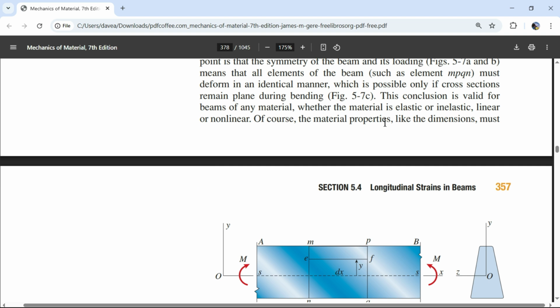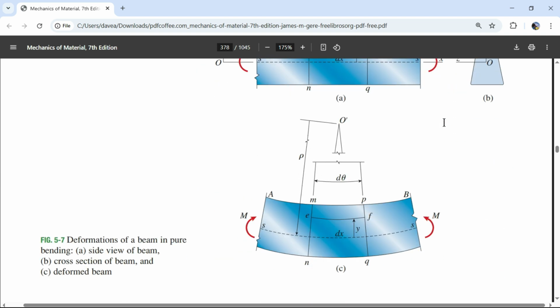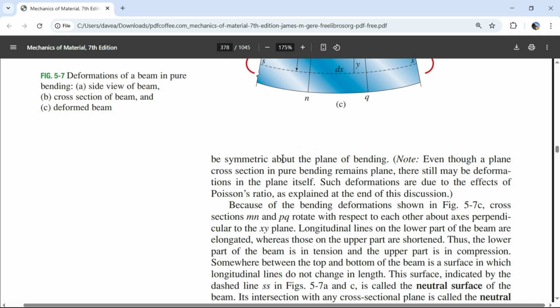Of course, the material properties, like the dimensions, must be symmetric about the plane of bending. Note, even though a plane cross-section in pure bending remains plane, there still may be deformation in the plane itself. Such deformations are due to the effects of Poisson's ratio as explained at the end of this section.